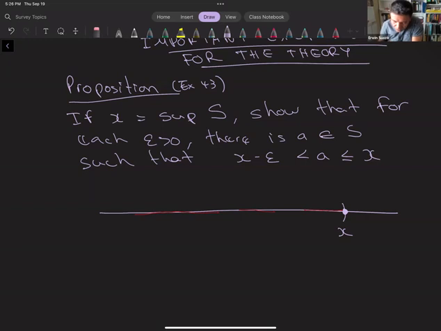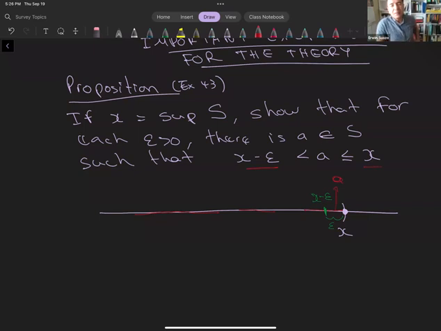So if I choose minus epsilon, so let's say this is x minus epsilon. So this distance is epsilon. So it's saying that you can find an A right here, A, such that A is between x minus epsilon and x.